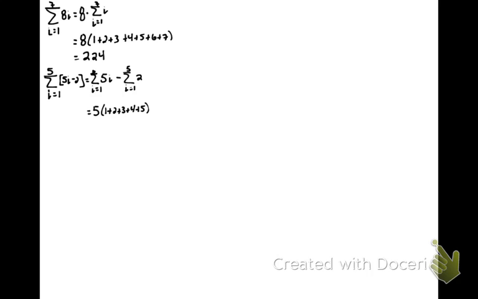And then that we'll have subtracted from it the sum of 2, not once, not twice, not 3 times, not 4 times, but 5 times. And when I simplify this down, I end up with 85. So there's some application of our properties.